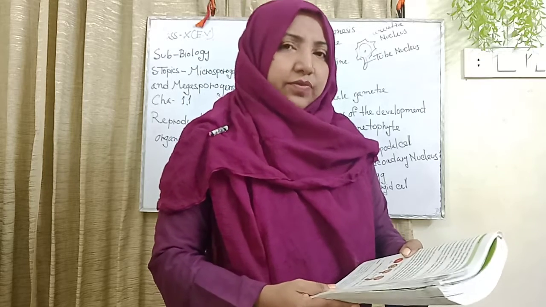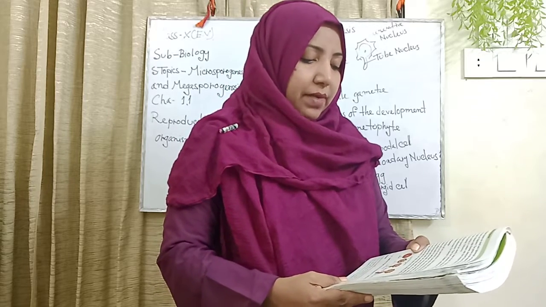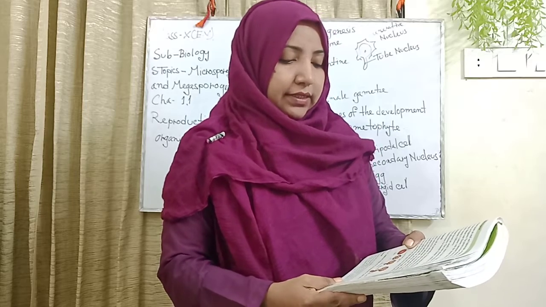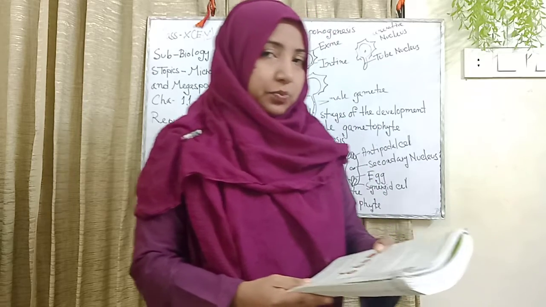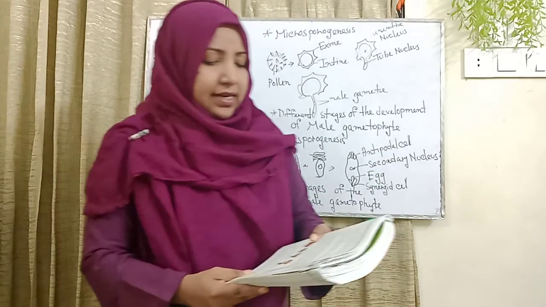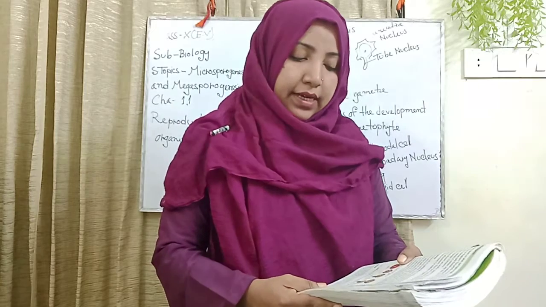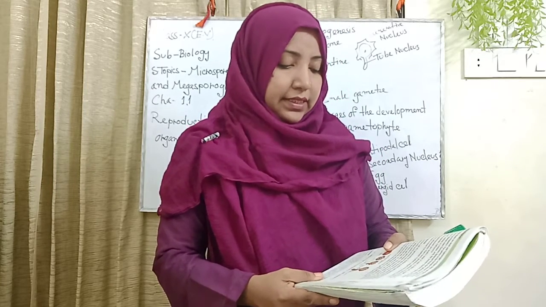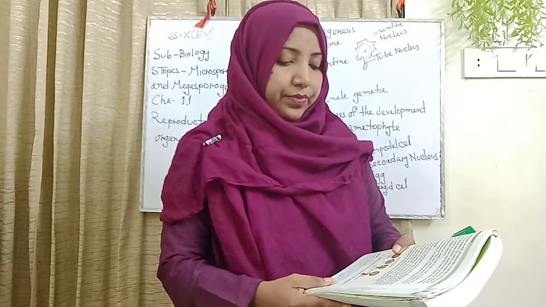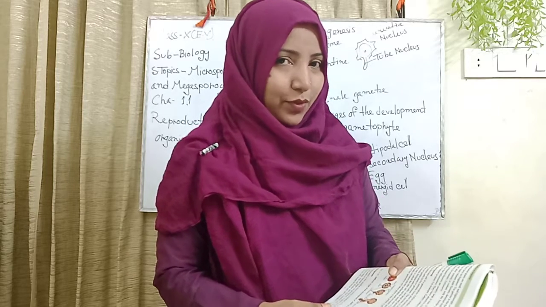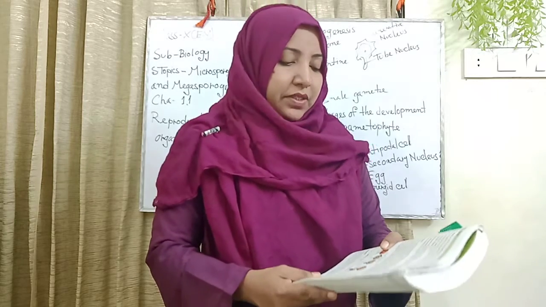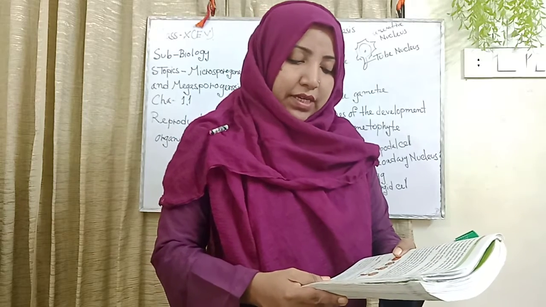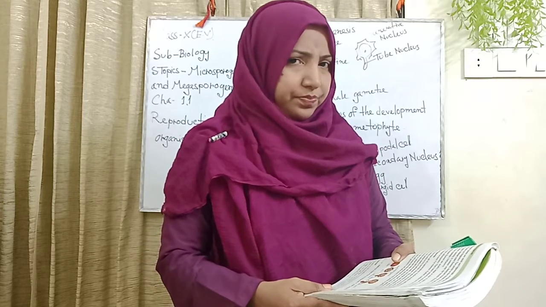The nucleus of the pollen gets divided through mitotic division, and 2 cells, one large and another small, are formed. The large one is called the tube cell, and the small one is called the generative cell. The tube cell turns into the pollen tube, and the 2 male gametes are produced. Division of the generative cell takes place in the pollen or pollen tube.